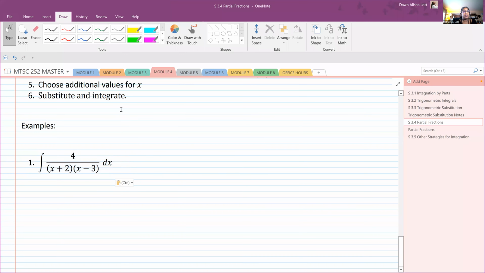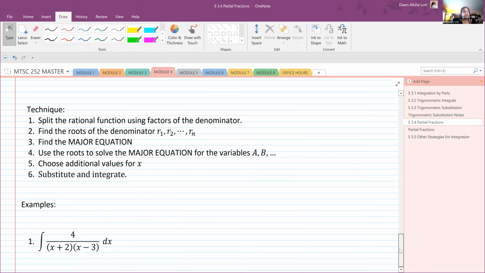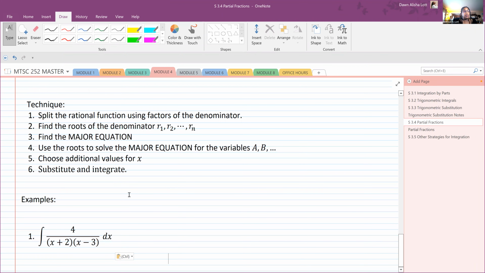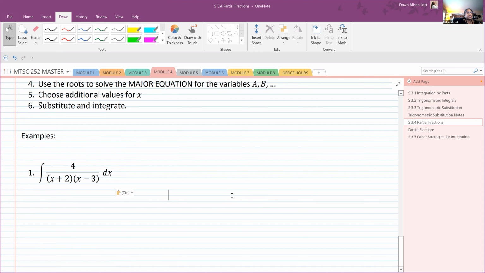Here's example number 1, and it is the integral of 4 over x plus 2 times x minus 3. It says split the rational function using factors of the denominator. Okay, so our denominator factors are x plus 2 and x minus 3.